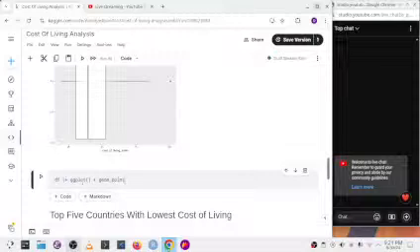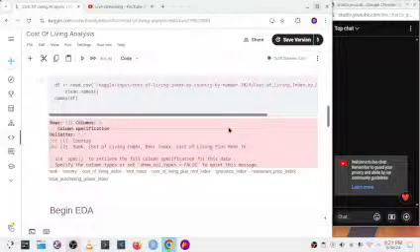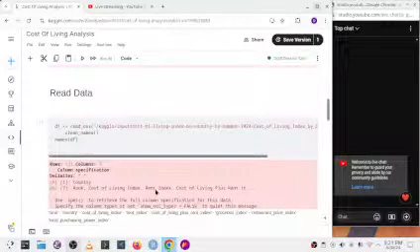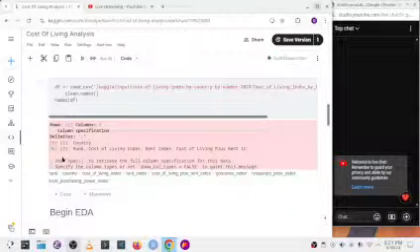In R, point is a scatter plot. So we're looking at rank.